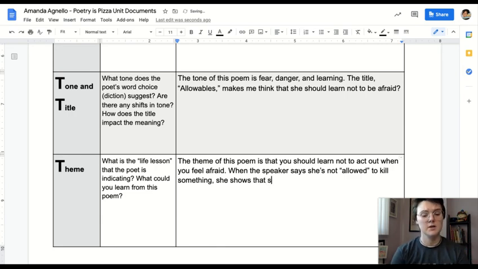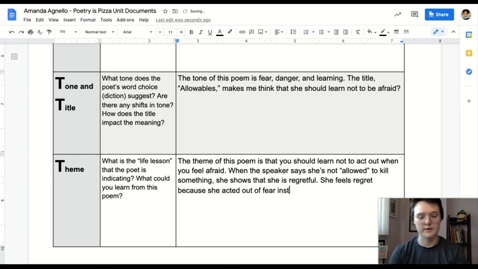She shows that she is regretful. So let me connect this back to the assertion. Okay, I have my citation. I've got to connect it back to my assertion with my explanation. She feels regret. Oh, I should make that two words. She feels regret because she acted out of fear instead of thinking things through, which would have been a better course of action.